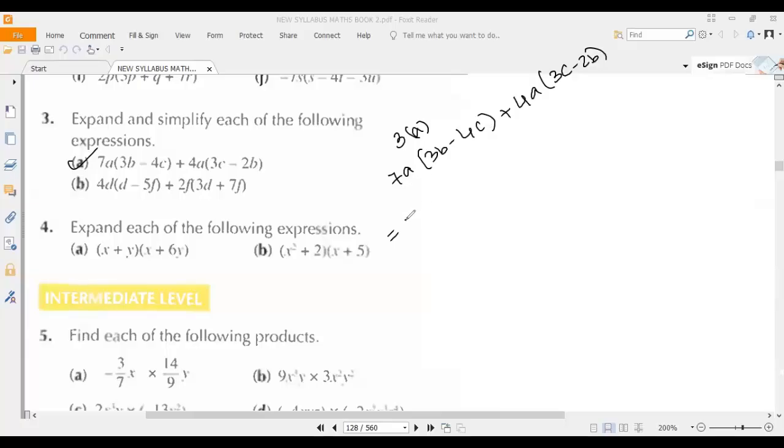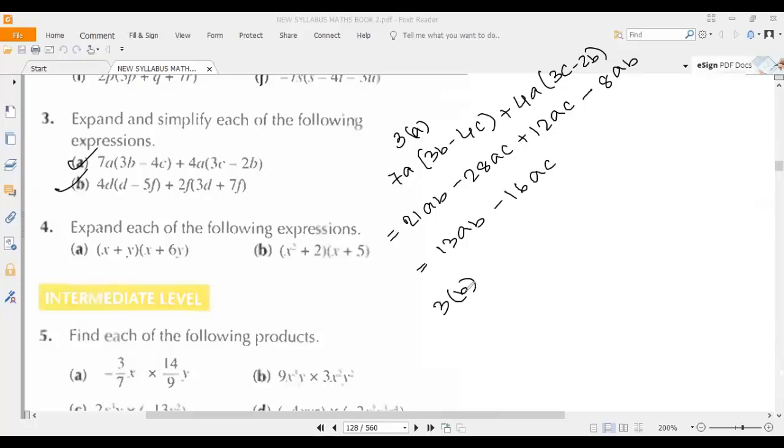So 7 3s are 21ab minus 7 4s are 28ac plus 4 3s are 12ac minus 4 2s are 8ab. Now 21ab minus 8ab, that will be 13ab, minus 28 plus 12, that will be minus 16ac, and that is the answer of 3a.